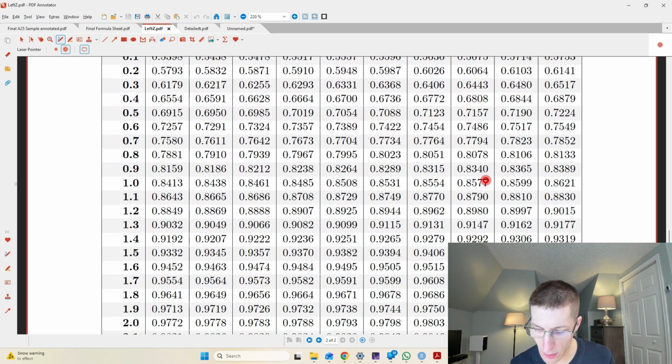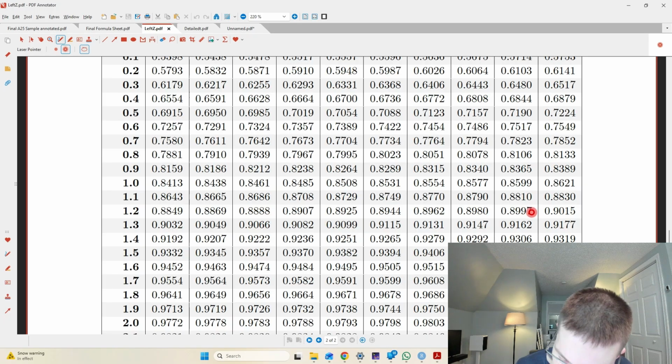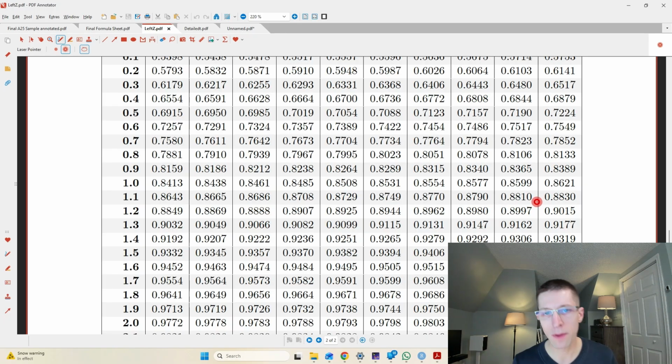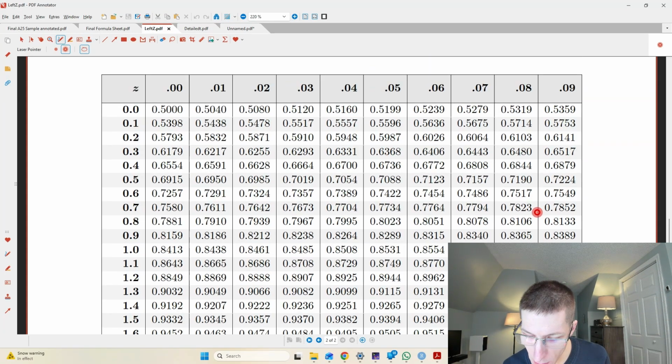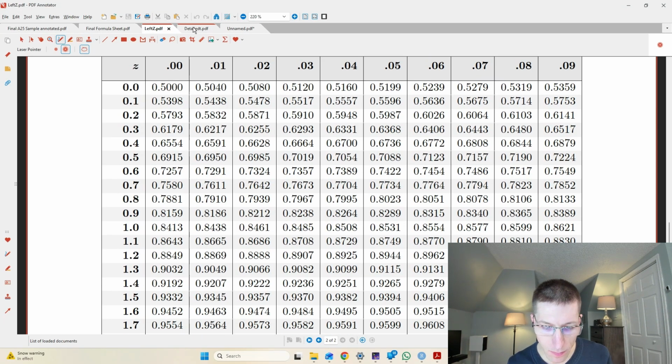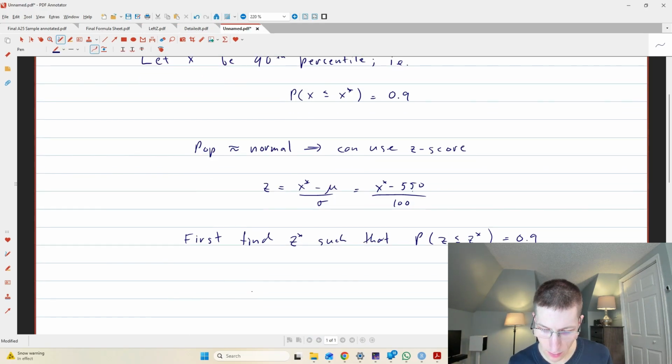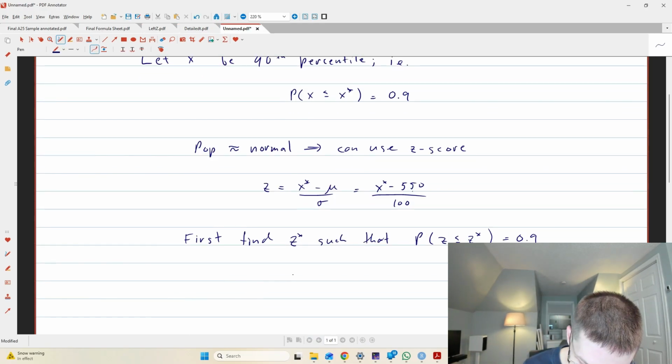We look inside the table for an area closest to 0.9, and it's going to be right here at 0.997. That corresponds to 1.28. So from the table, Z star is 1.28.